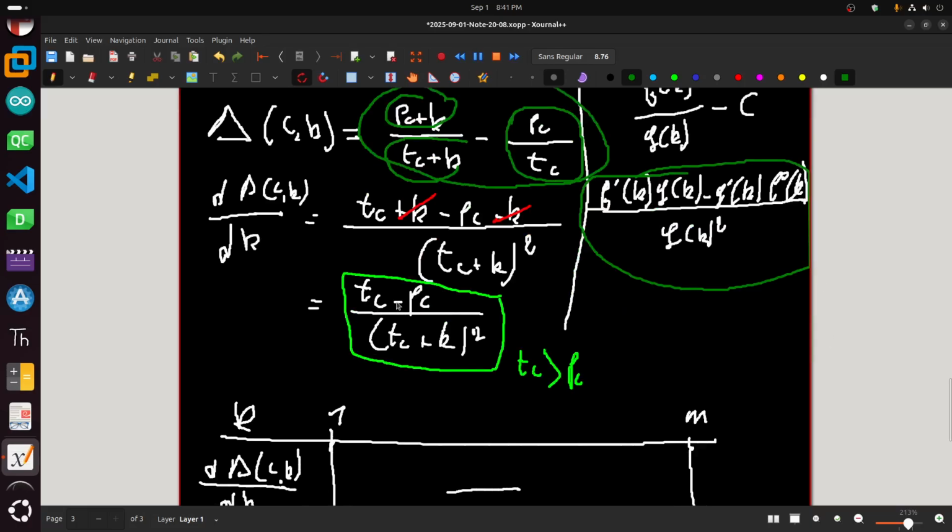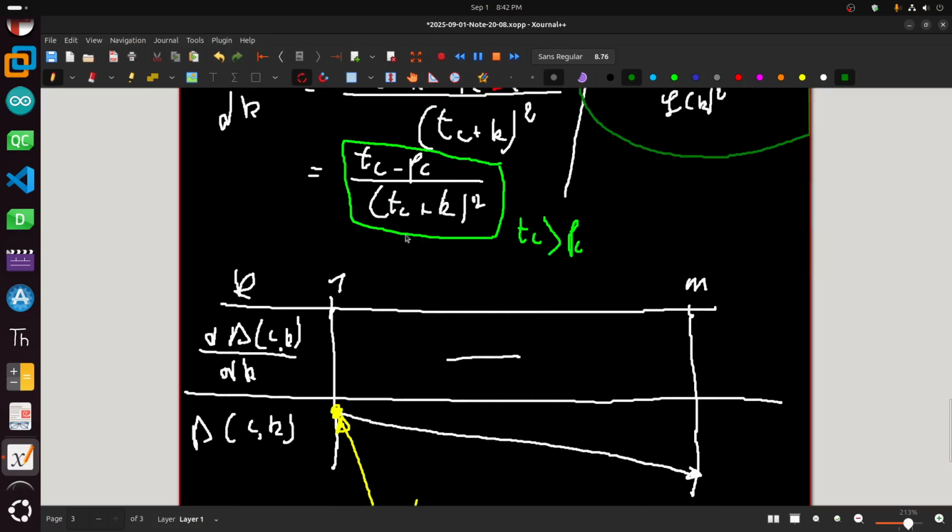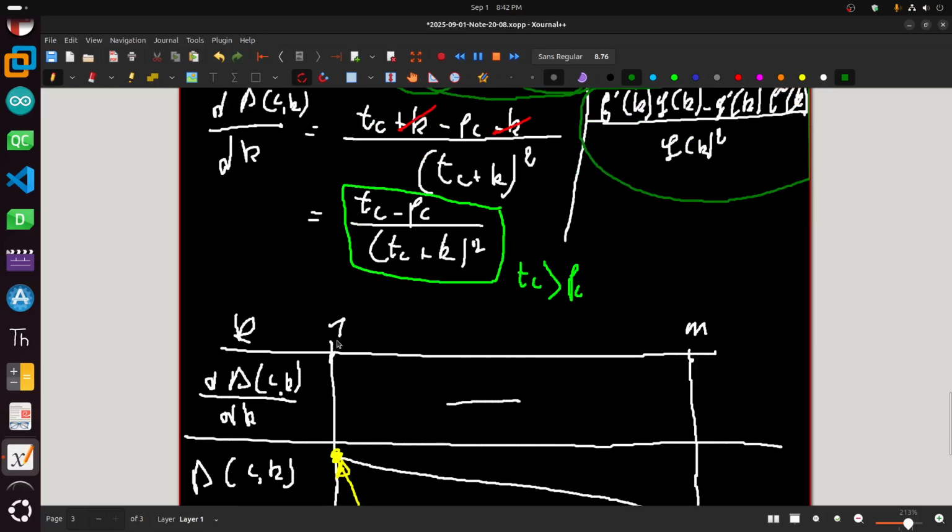So we have this formula here, (TC minus PC) over (TC plus k) squared. And we know that, of course, the total number of students is greater than the number of students who passed the exam. So here in the range 1 to m, where m is the number of extra students, it is negative.